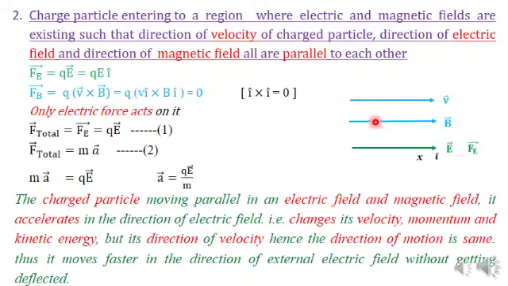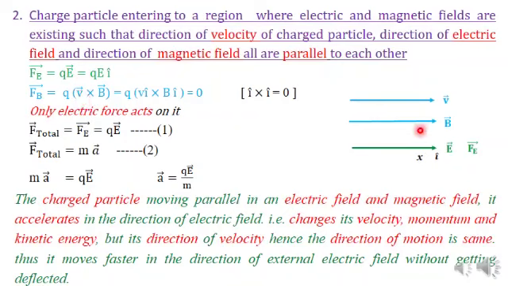Now, a charged particle is entering this region along the x-axis such that E, V, B are parallel to each other. Now, electric force vector Fe equals q into vector E. Similarly, magnetic force vector Fb equals q into vector V cross vector B.